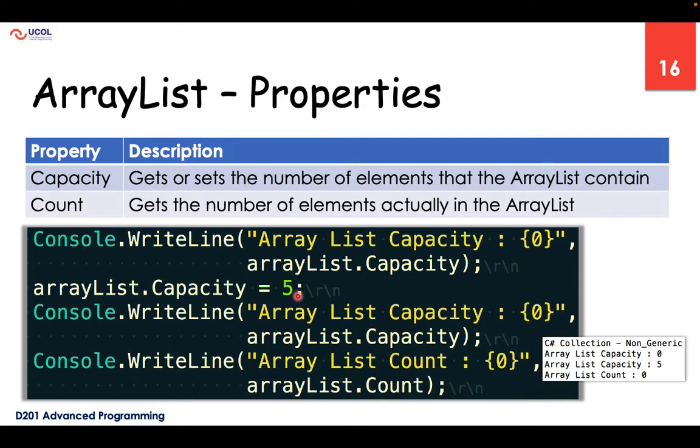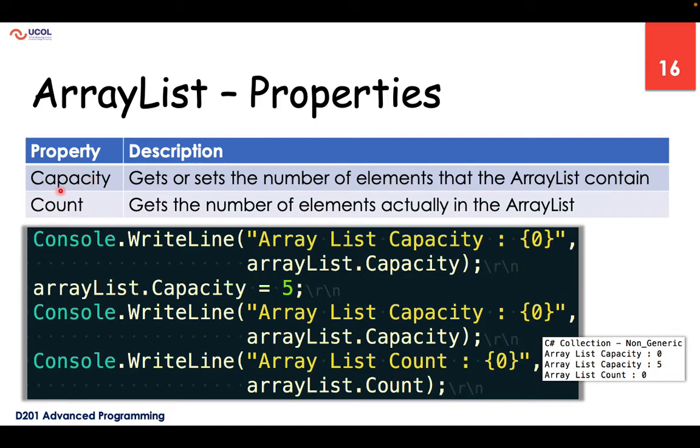We have put that capacity to 5, we can add the elements, and once it has reached the capacity, when we are adding elements in that ArrayList, automatically its capacity will be increased. It is not necessary that we have defined the capacity to 5, so it will remain 5. And then of course we also have the count.